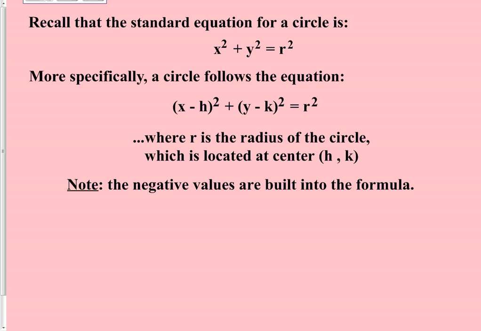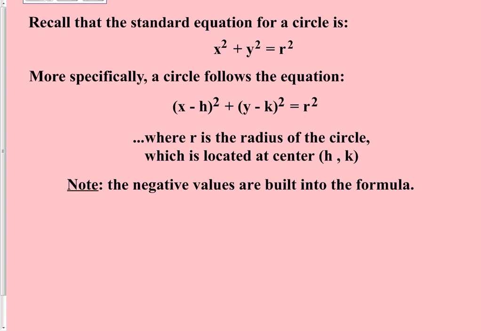Now, as always, these values are built into the formula. One major difference between this equation and the ones we've been seeing recently with the parent functions is k is built in as negative as well. But this basically gives us the only two pieces of information that are going to be needed in order to graph a circle: what is the center of the circle and how far does the radius reach out.